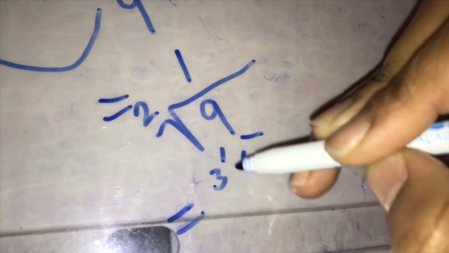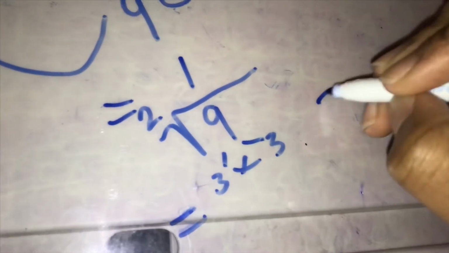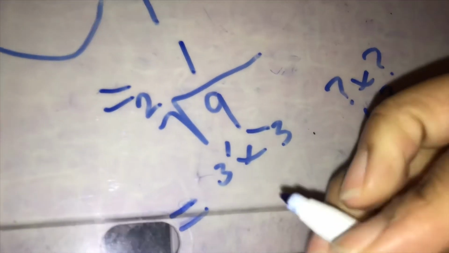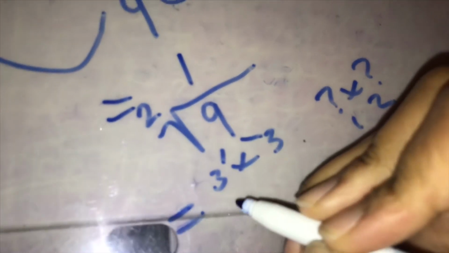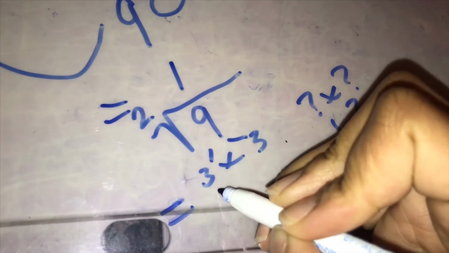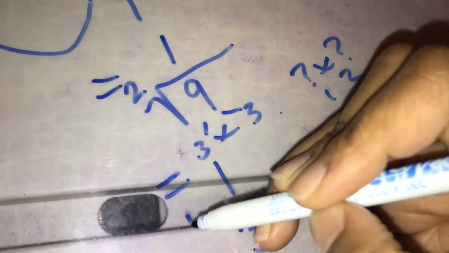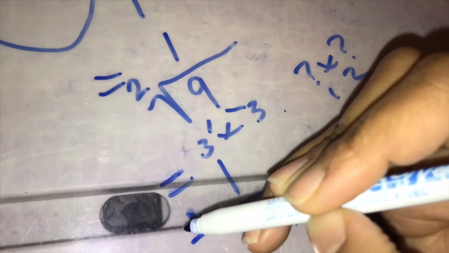Something times something equals 9, and that's 3 times 3. So that's 3. So this as a fraction is going to be 1 over 3. And we have a little plus minus to show that it can go either way.